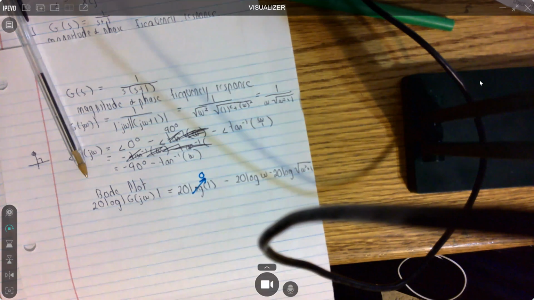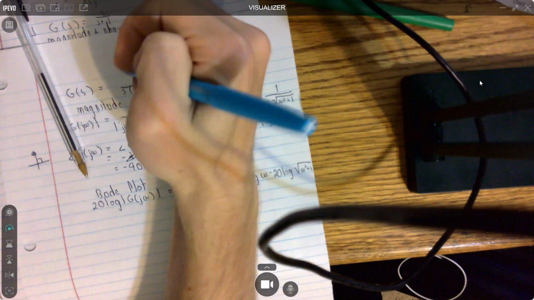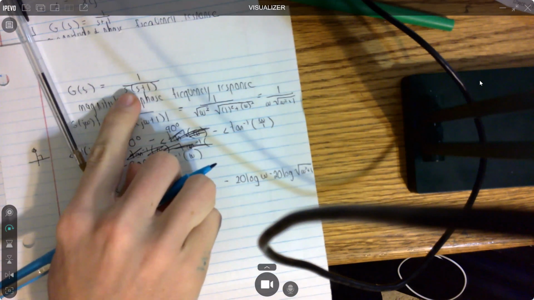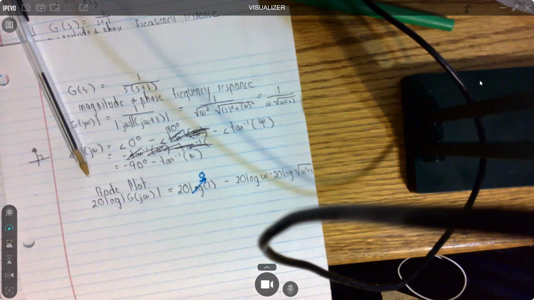The thing is, if you have an s, notice that this is just like a pole at the origin. If you have a pole at the origin, it contributes negative 20 dB per decade, and it's going to intercept at omega equal to 1.